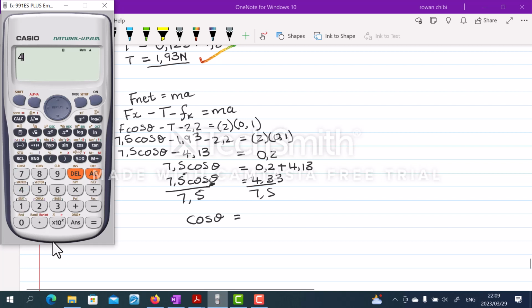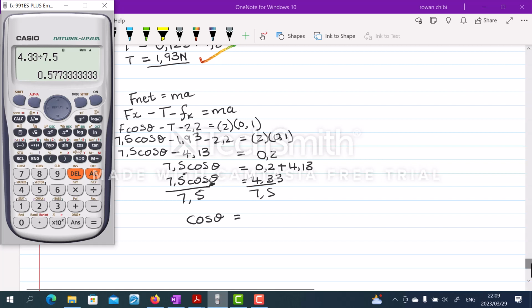4.33 divided by 7.5 gives 0.577. How many threes are there? We have 2, 4, 6, 7.